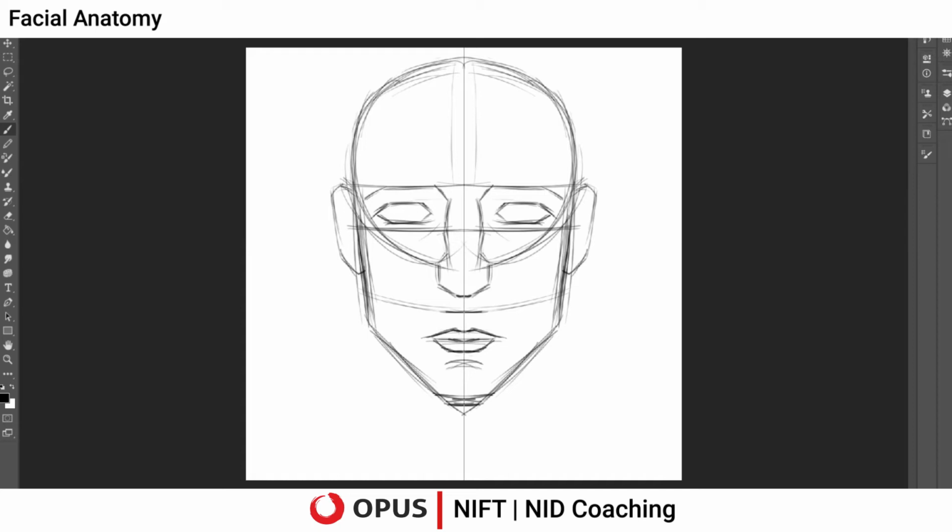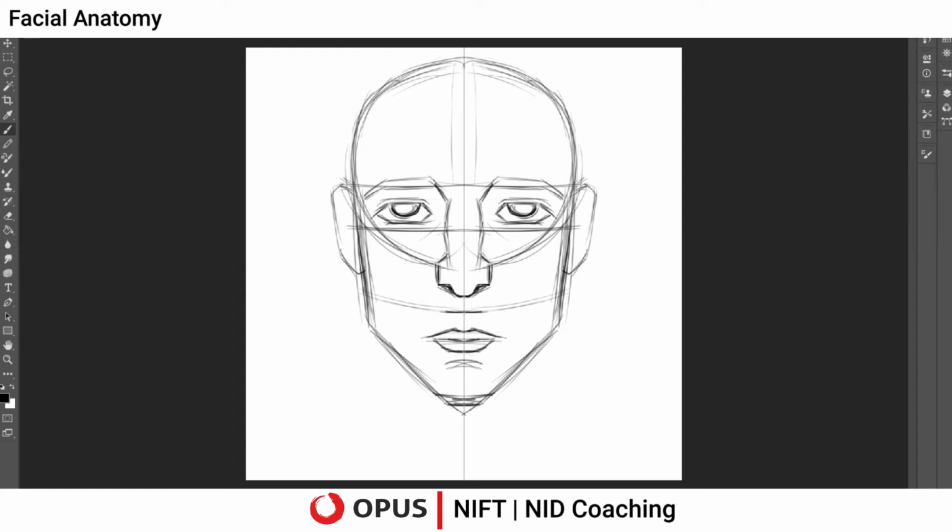After we have got this, then we can go for some details about the eyebrows. We can give the eyelids, the eyeballs now. Okay, then you can go for some other details of the nose itself.